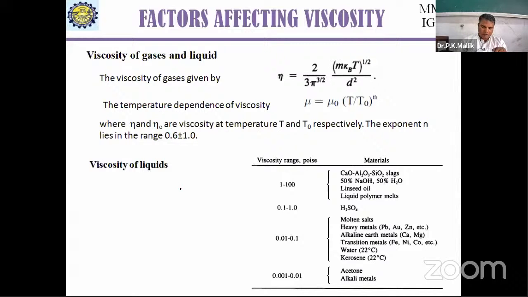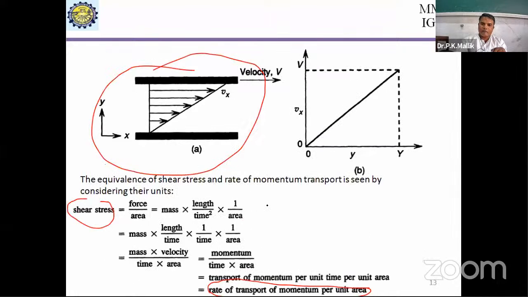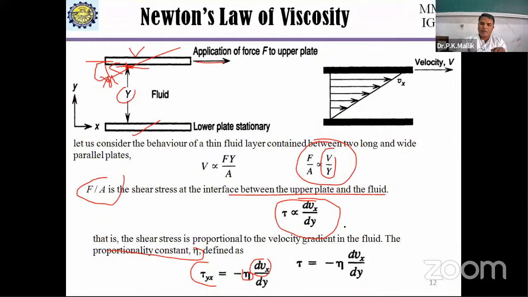Also you can express tau yx as minus mu times del v x by del y.